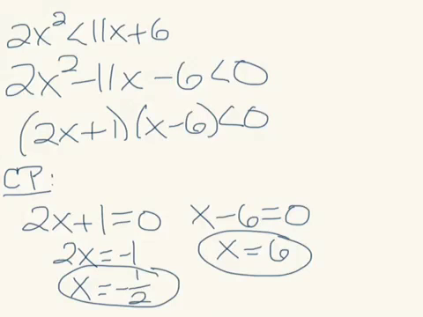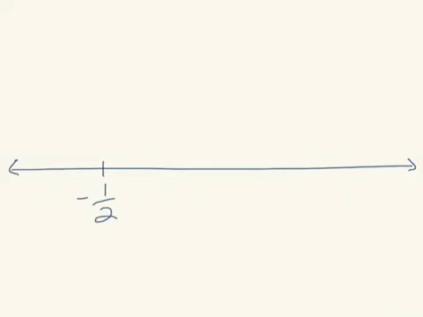The reason we call these critical points is this is where our function changes from being positive to negative. So the next step is we're going to graph those two numbers on a number line. So here is x equals negative 1/2. Here, not to scale, is x equals 6.